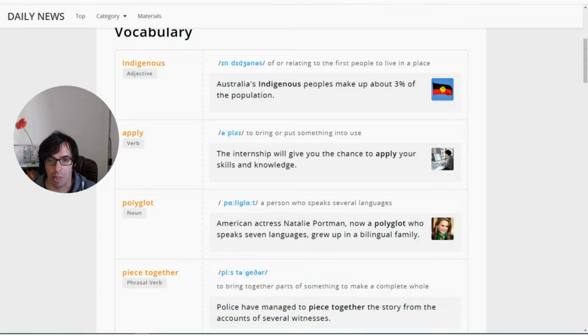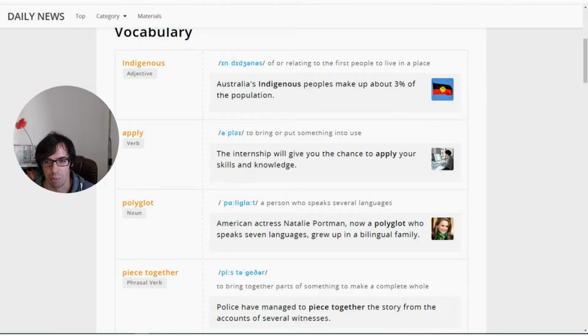The next word here we have apply. Now we can see apply, it's a verb, to apply. We have the approximation of the word, but I pronounce it for you anyway, so apply. And we have the definition, to bring or put something into use.